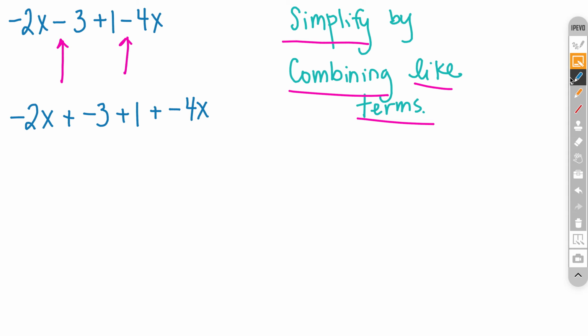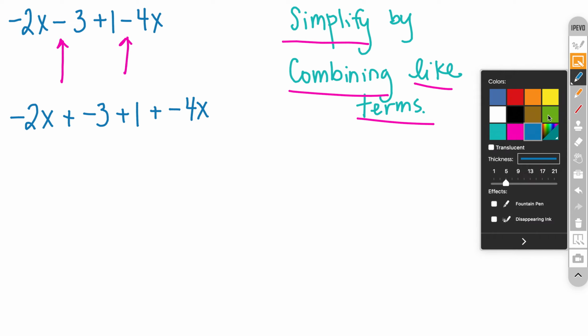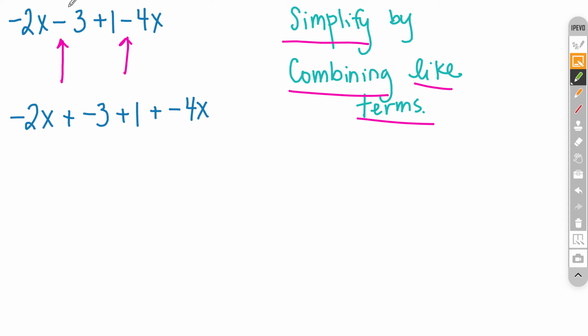All right, so when you go to combine like terms, one of the things I saw many students do is they would say, well, 3 plus 1 is 4. So this whole piece simplifies to negative 4. And to that, I would say that is incorrect, because the 3 is a negative 3. So negative 3 plus 1 is actually negative 2, right?